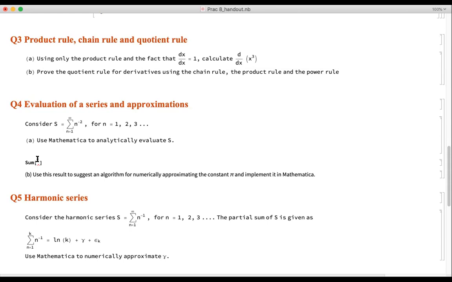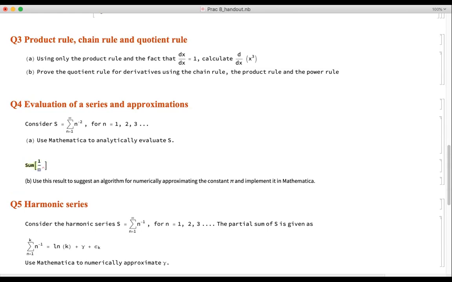Let's say this is the sum and your f is 1 over n squared.